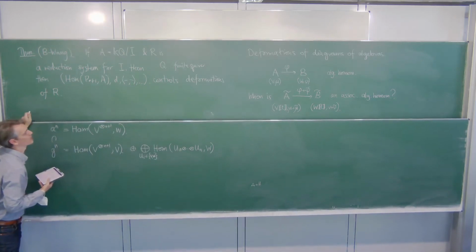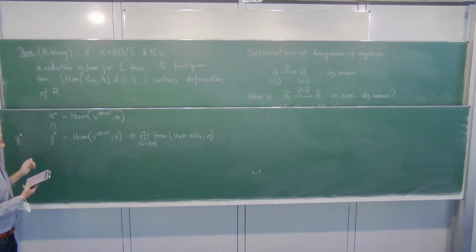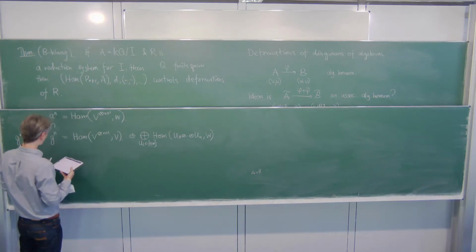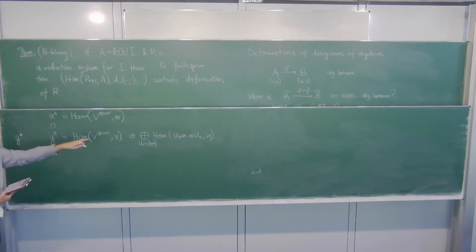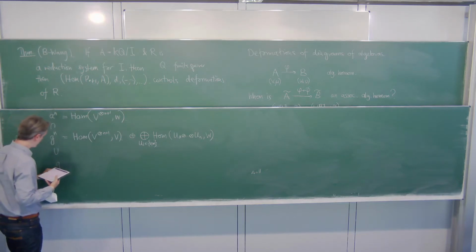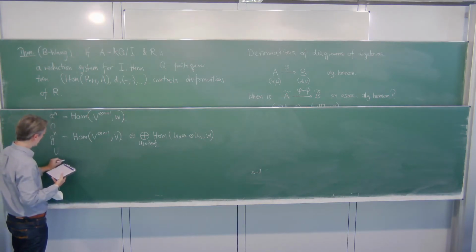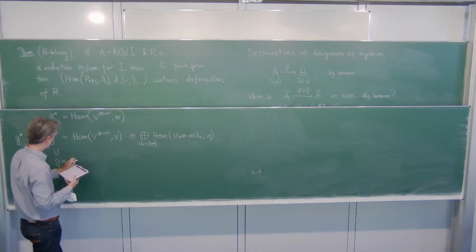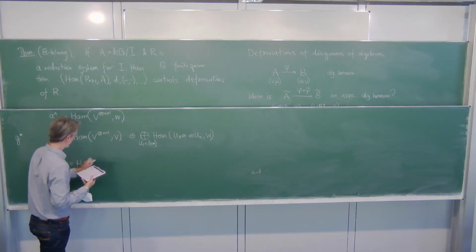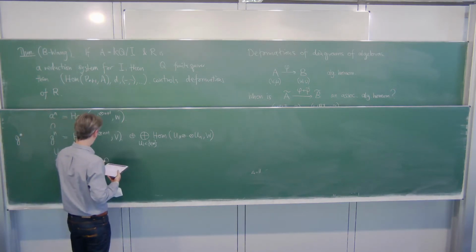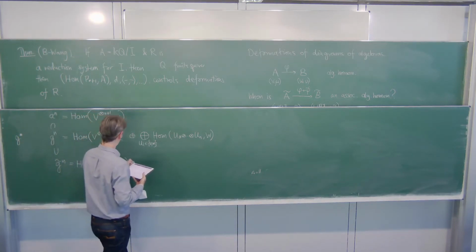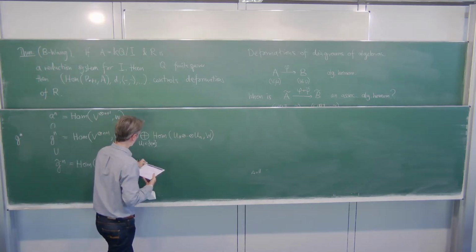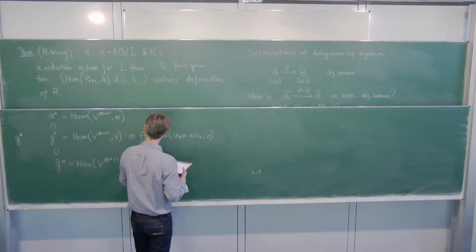So this is sort of what I will need to deform the morphism. And then actually here I have a bit too much, so I can look at the subvector space, and this is just the thing that I would need for the multiplications.